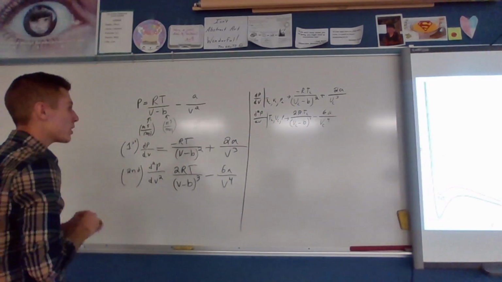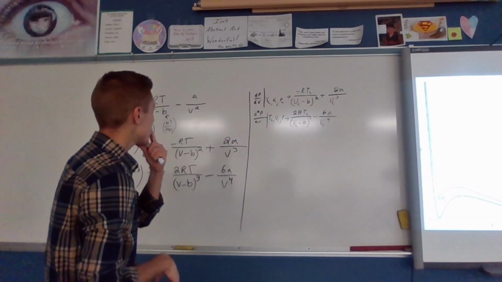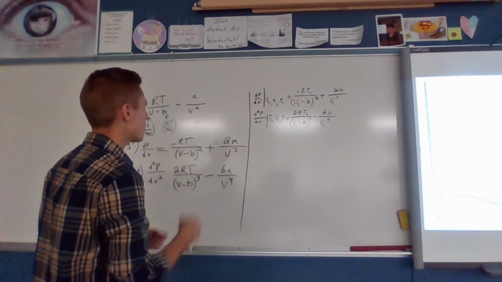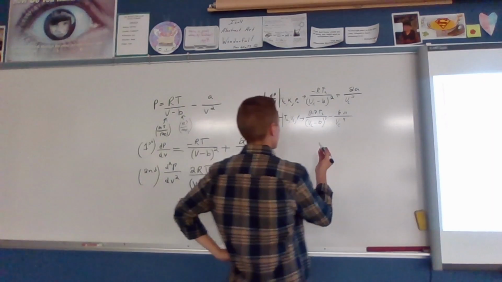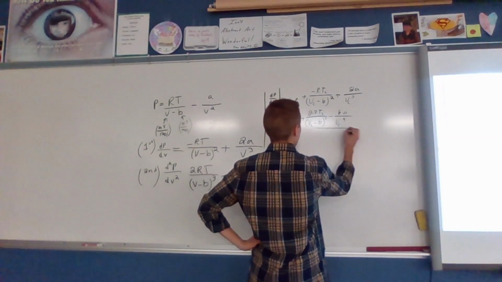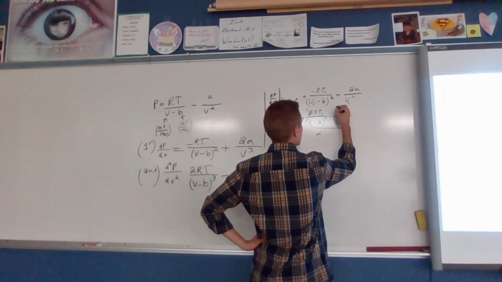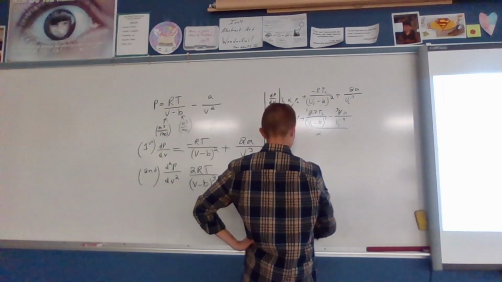So now we are ready to set up and start solving for our A and B parameters. So to solve for our B parameter, let's go ahead and divide this by 2, bring this down to 1 and this down to 3. It'll make it easier to solve out later.